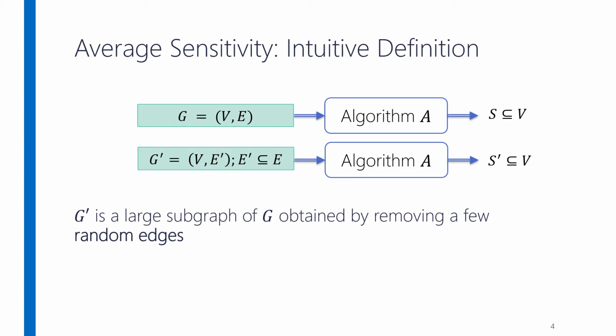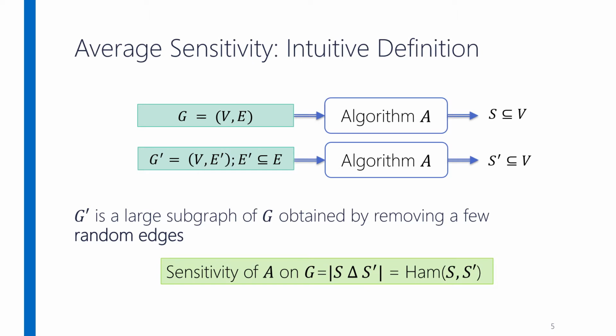Here, G prime is a large random subgraph of G on the same set of vertices as G. In particular, the measure of change in output is the cardinality of symmetric difference between A's outputs on G and G prime. Throughout the talk, we denote the cardinality of symmetric difference as the Hamming distance.